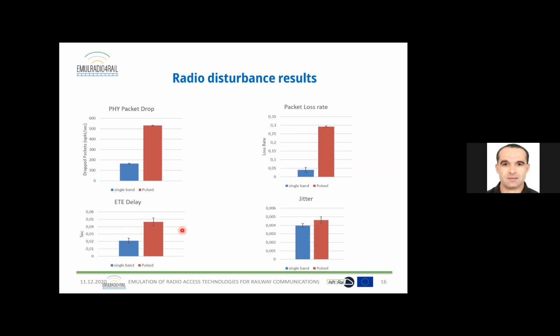Regarding the end-to-end delay, we have 45 milliseconds delay with the pulsed jammer and 20 milliseconds for the single band jammer. And for the jitter, we have really not significant values, less than 5 milliseconds.